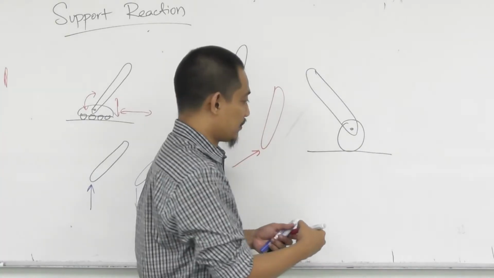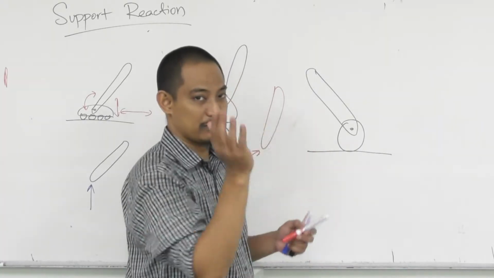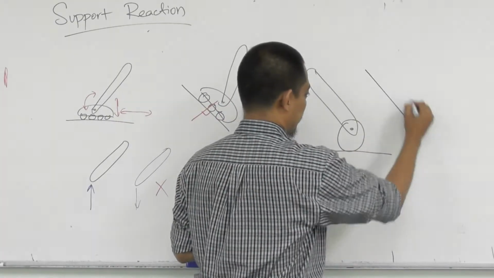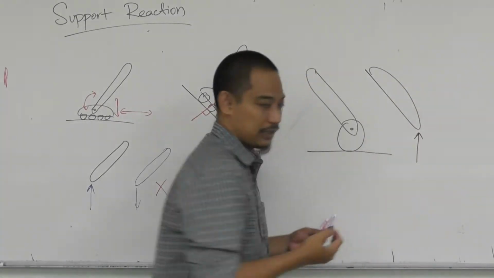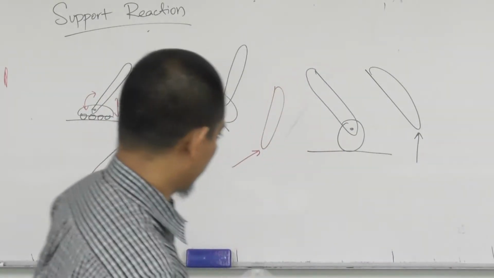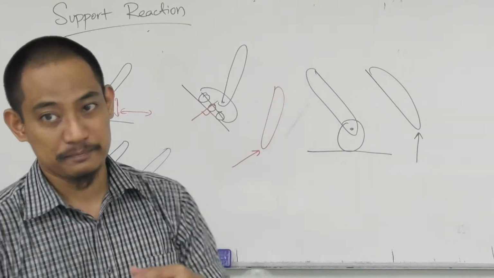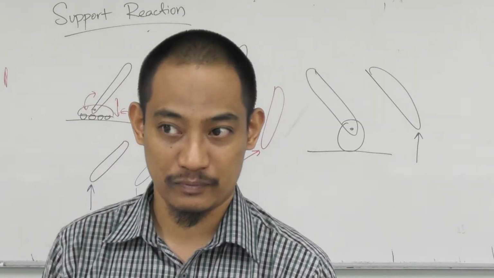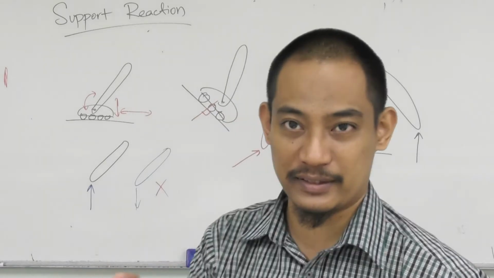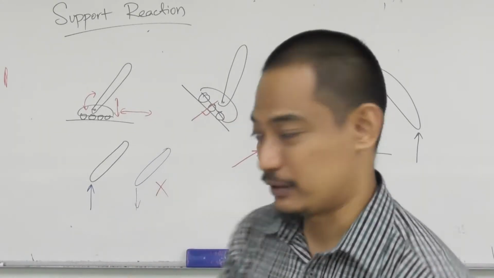And also it doesn't prevent any rotation. So when you draw the free body diagram, it's strictly upwards, perpendicular to the ground. So when you have a roller or rocker or anything of that sort, the direction is like that. That's the most basic, where you have only one direction.